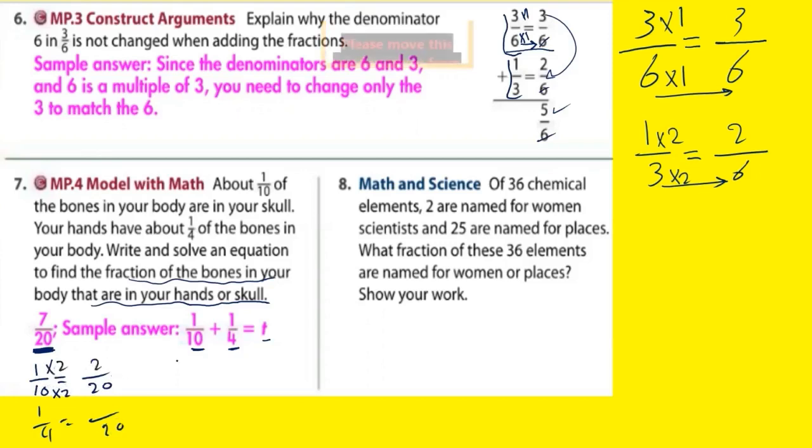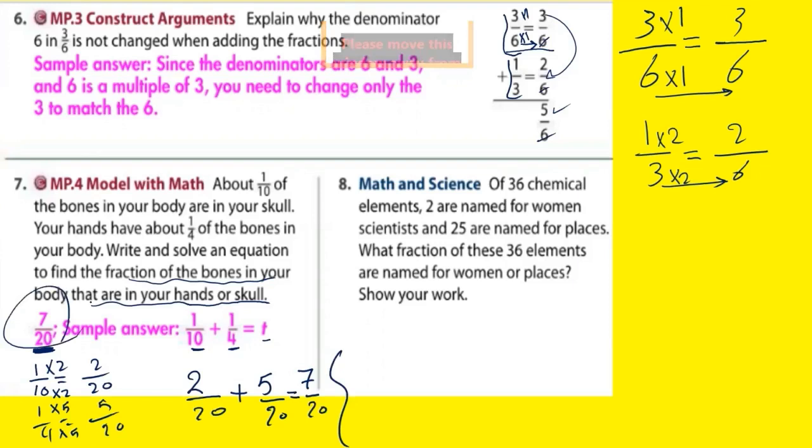So it will be 2 over 20. And this one will be multiplied 5 by 5 up and down. 1 by 5 equals 5. It will be 5 over 20. 2 over 20 plus 5 over 20 will equal 7 over 20. That's it.